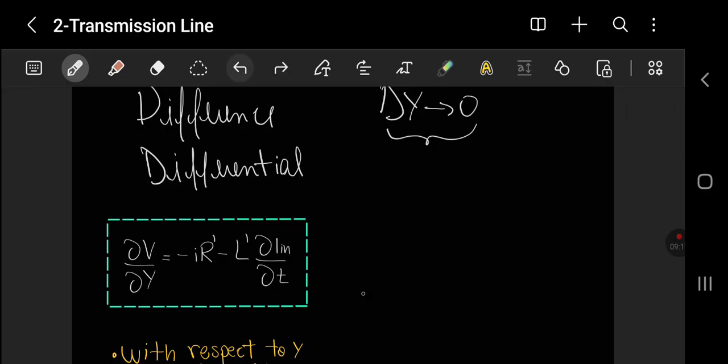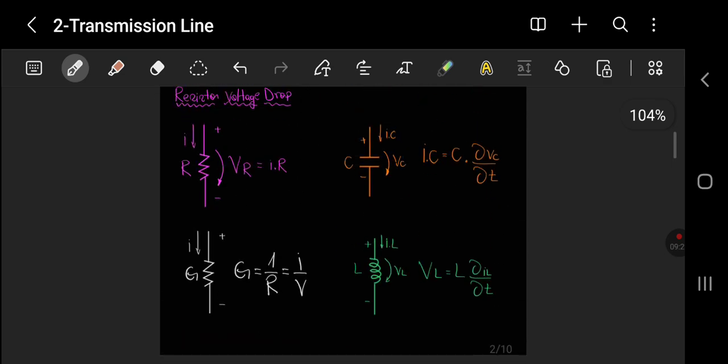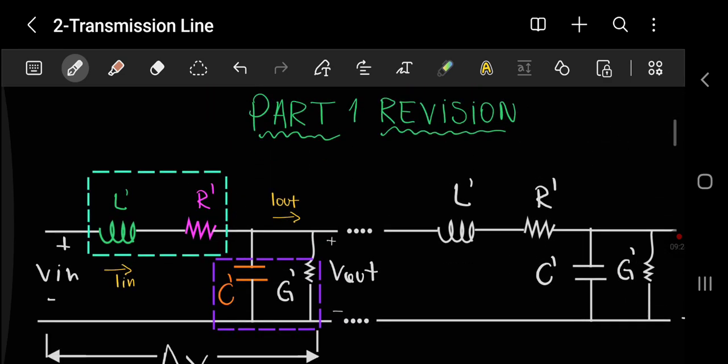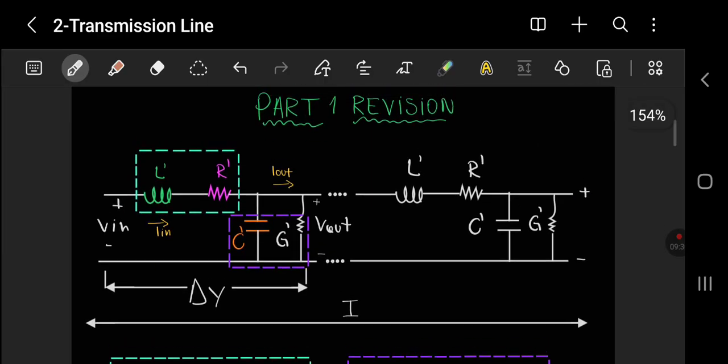And this is for this equation, which represents this first section or partition, if you prefer.